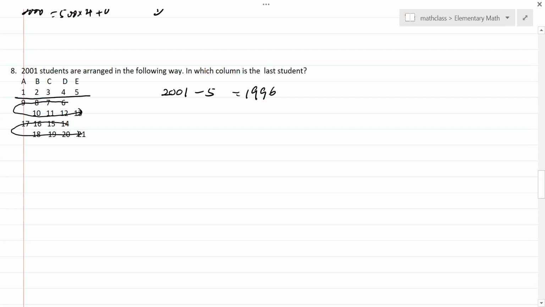1996, okay? Each block will have 8 students there. Now let's see how many blocks you're going to get. 1996 divided by 8.